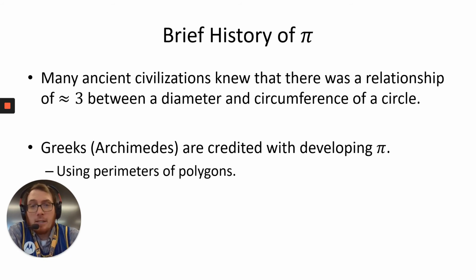The Greek, specifically Archimedes, is credited with developing the number pi, not the symbol, the number pi. And that was just by looking at the perimeter of a polygon. For example, if you have a 3-sided object, a triangle, and then make it a square, a 4-sided object, and then a 5-sided object, a pentagon, and then a hexagon, and then, for example, an octagon, an 8-sided shape like a stop sign, you'll notice that it starts to look more and more circular.